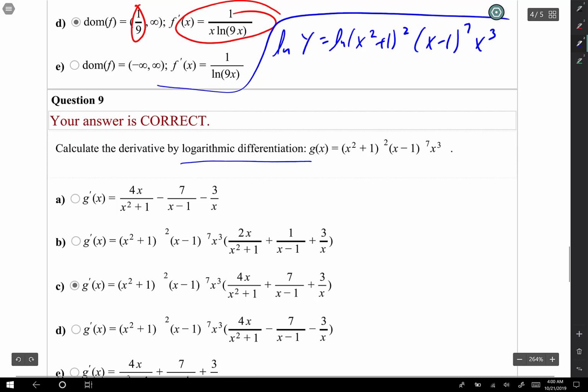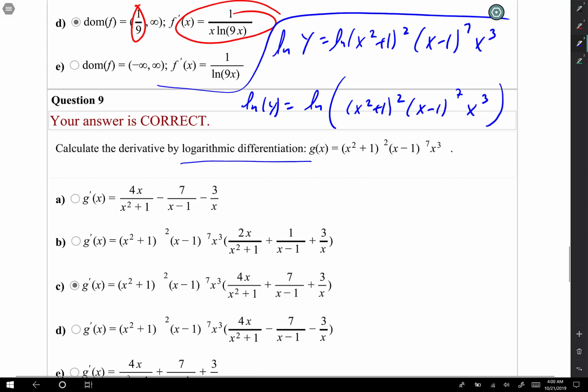So when you do that, here's what you're going to have. ln of y equals ln of x squared plus 1 squared, x minus 1 to the 7th, and then x cubed. And then you can use the properties of ln to put plus right there.